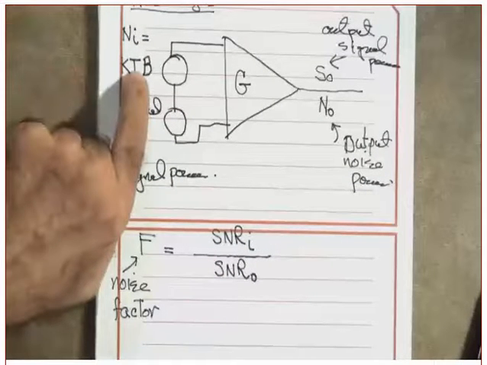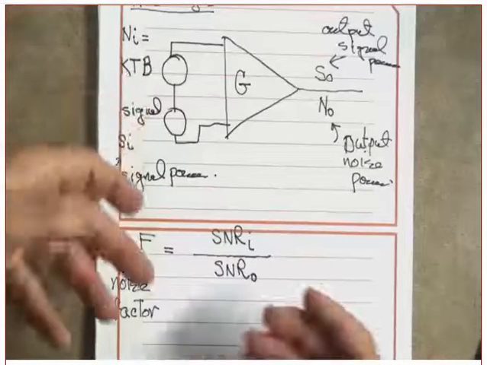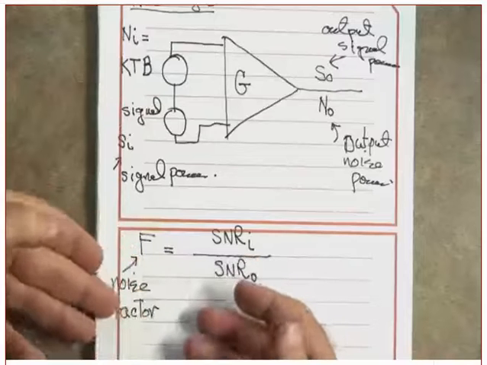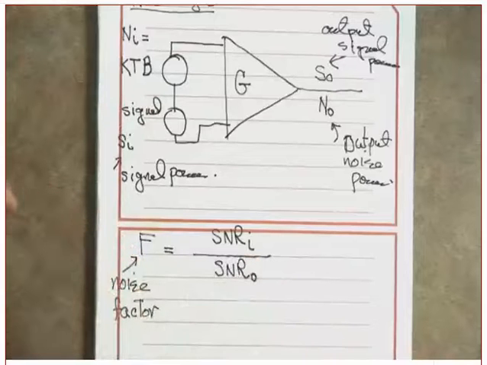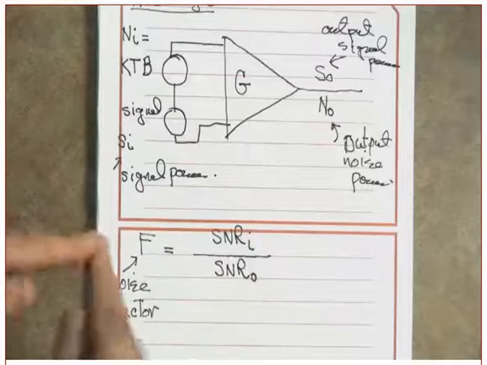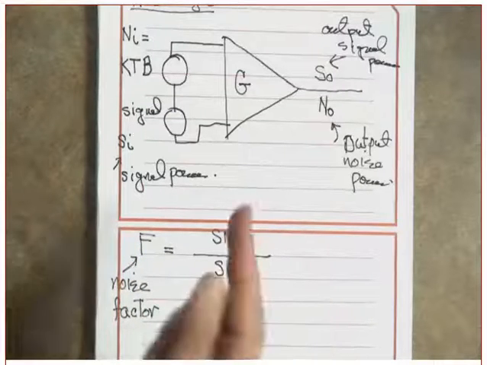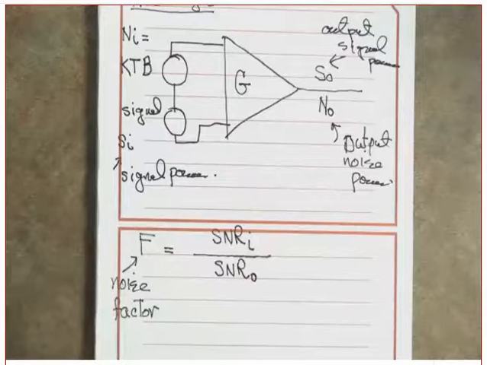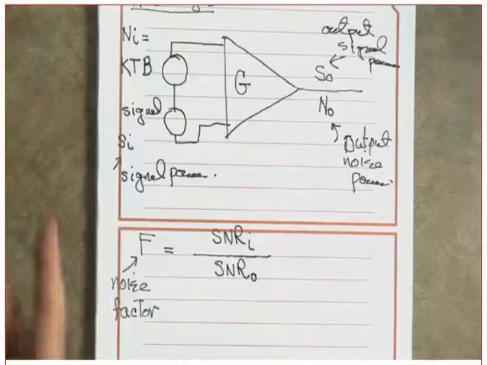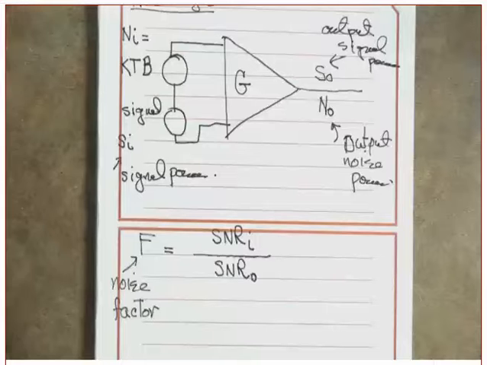It's a function of temperature. And they did not want to define a noise factor for each temperature. In other words, in this specification, you are not going to see a noise figure when the temperature is this, and another when the temperature is that. They want to put a universal definition for the noise factor. Clear?